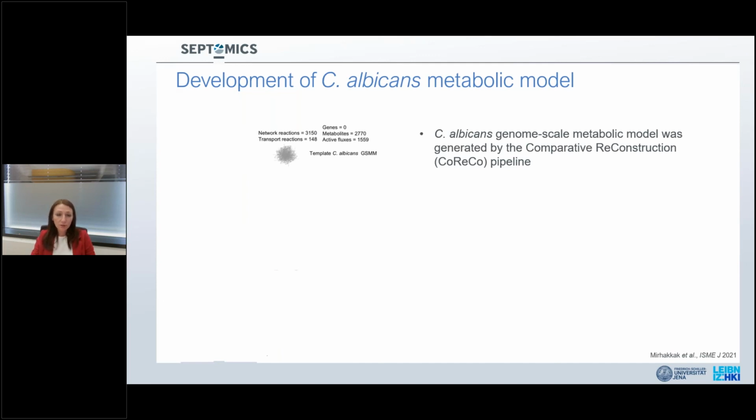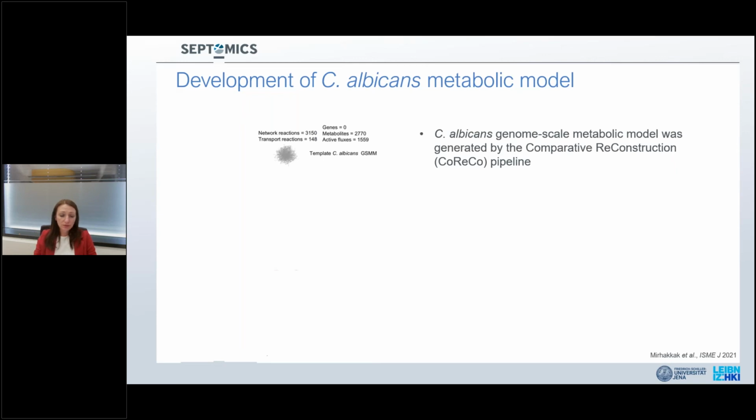So here, what was done by our collaborators is actually to generate a genome scale Candida albicans metabolic model, where they started with a model that was automatically generated by the comparative reconstruction pipeline, or CoRe pipeline.